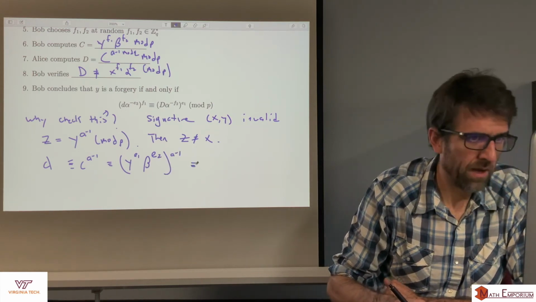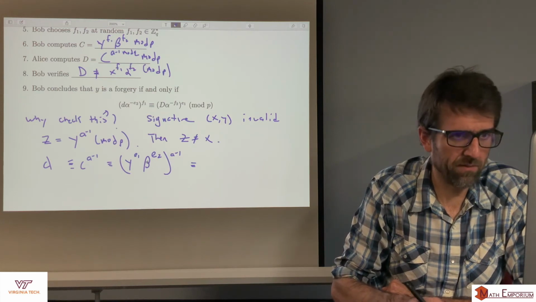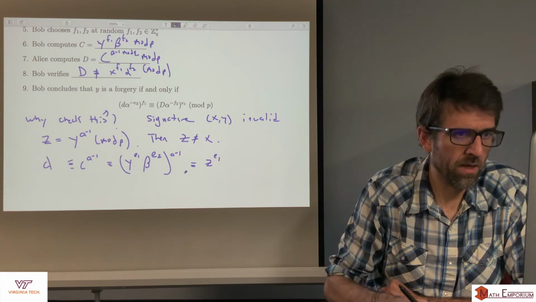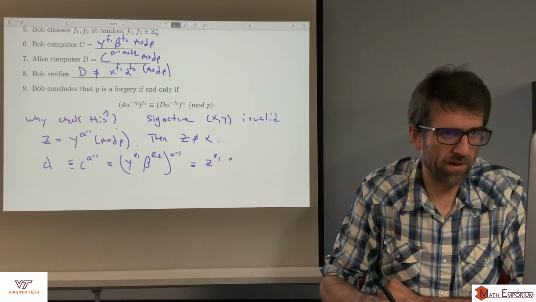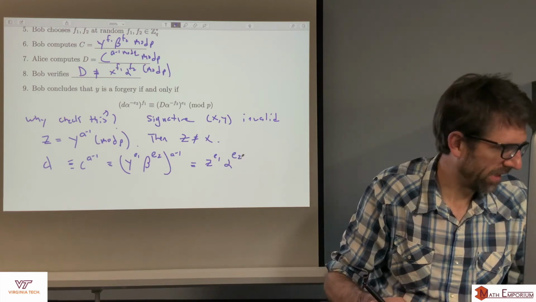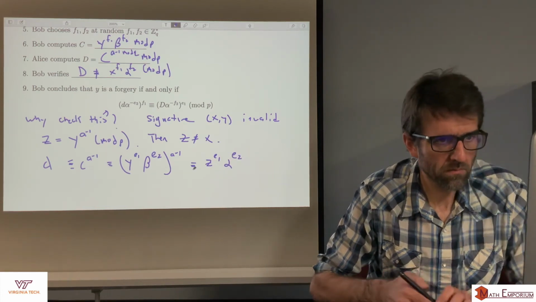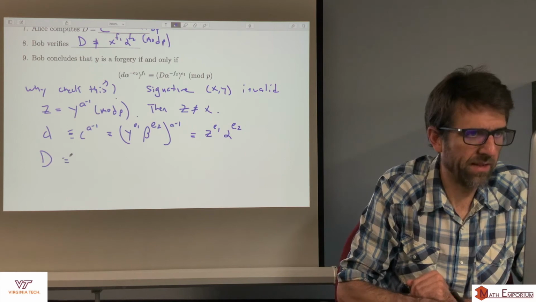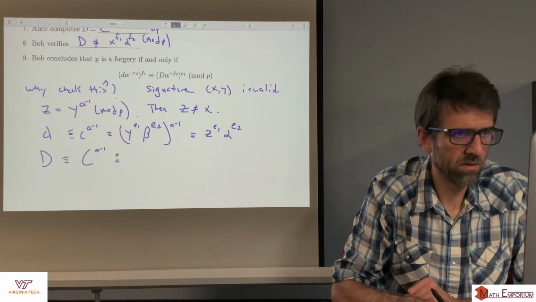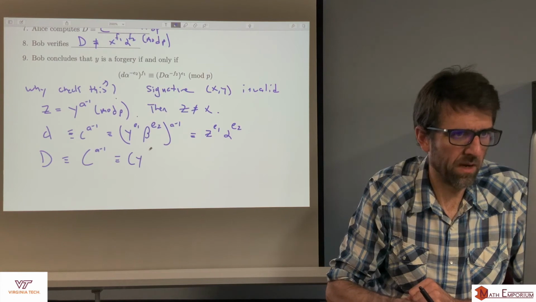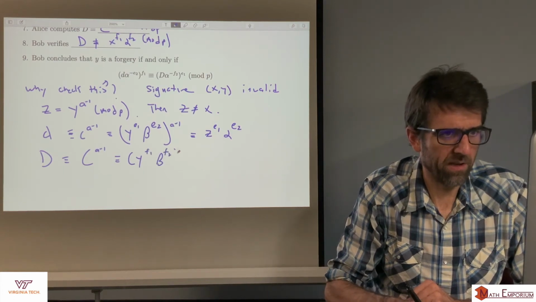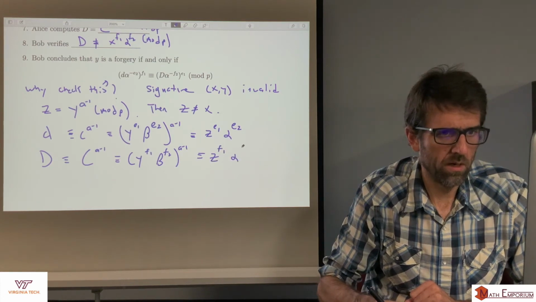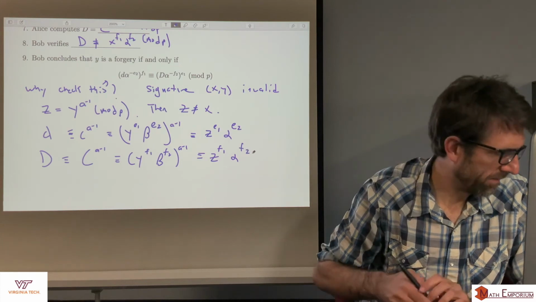If I rearrange this a little bit, the y to the A inverse we've defined to be Z, so this is Z to the E1, and then remember beta to the A inverse will be alpha, so it's Z to the E1, alpha to the E2. And then similarly, I look at big D, which is big C to the A inverse. I'm just replacing my E's with F's here, so that's going to give me Z to the F1 and alpha to the F2.